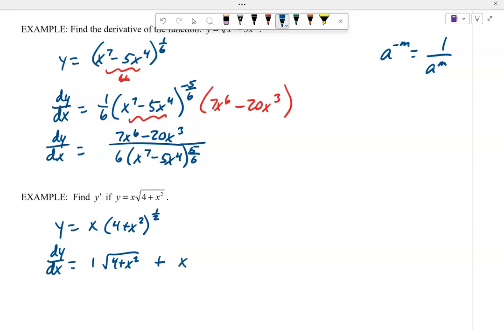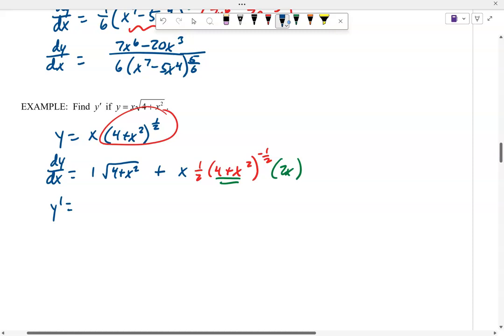Plus the first. Now I leave the x alone. But then I'm running the derivative of the second one right here. So I've got to run power rule. 1/2 minus 1 is negative 1/2. But then I've got a chain rule on this. So I got to take the derivative of the inside here, which is 0 plus 2x. So just a 2x right there. Okay. And then I'll just clean this up.